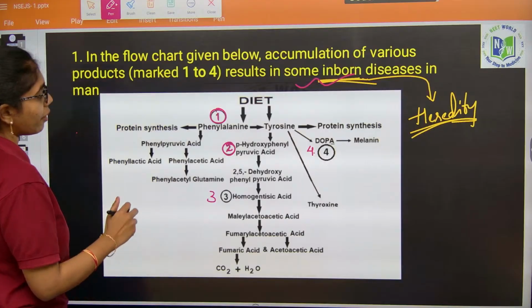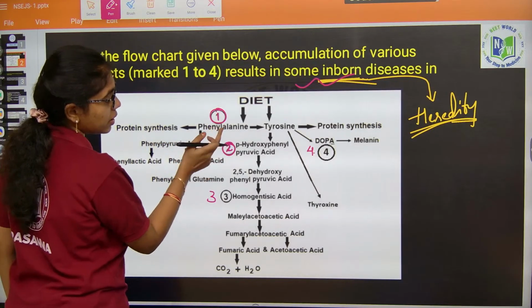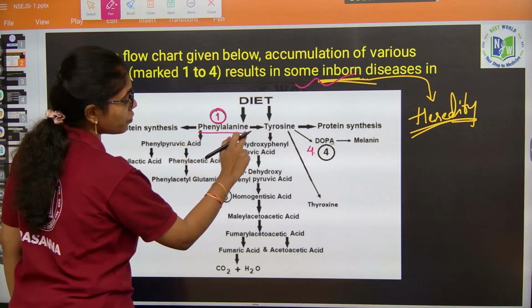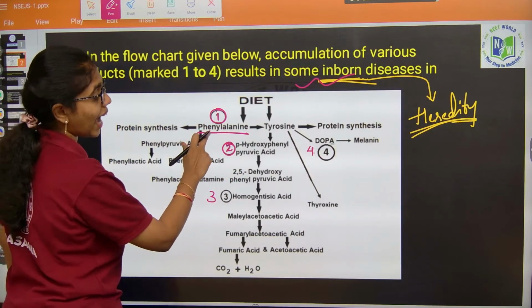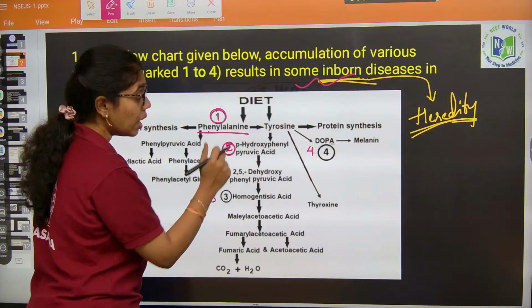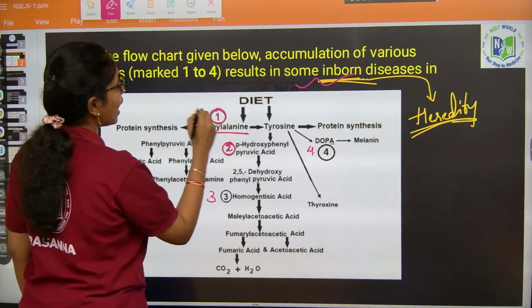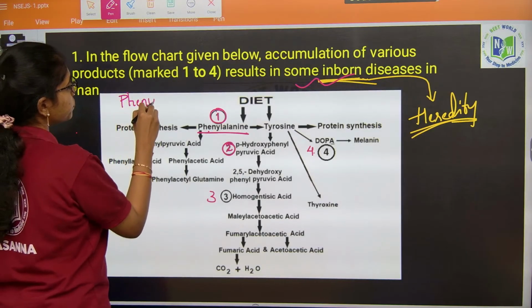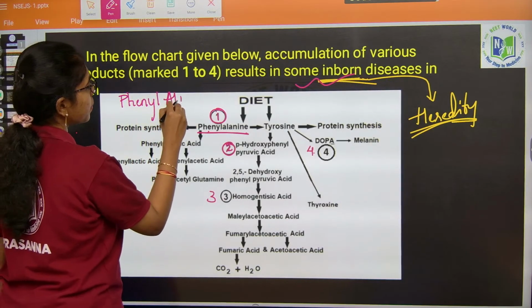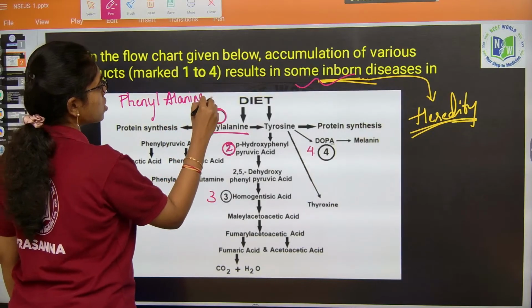So here, first, what metabolic pathway is this? This is phenylalanine metabolism, wherein phenylalanine has to get converted to tyrosine with the enzyme phenylalanine hydroxylase.